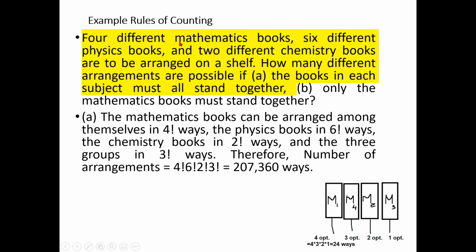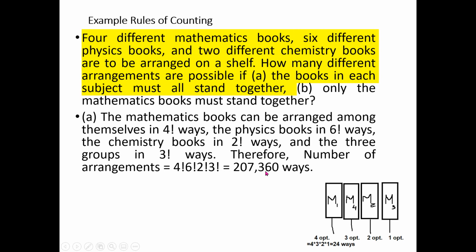Similarly, for the physics books, there are 6, so we will have 6 factorial. For example, here we have 4 into 3 into 2 into 1, which is 4 factorial. So for physics, I am going to have 6 into 5 into 4 into 3 into 2 into 1. So that is 6 factorial. Similarly, chemistry books are 2, so that's 2 factorial ways.